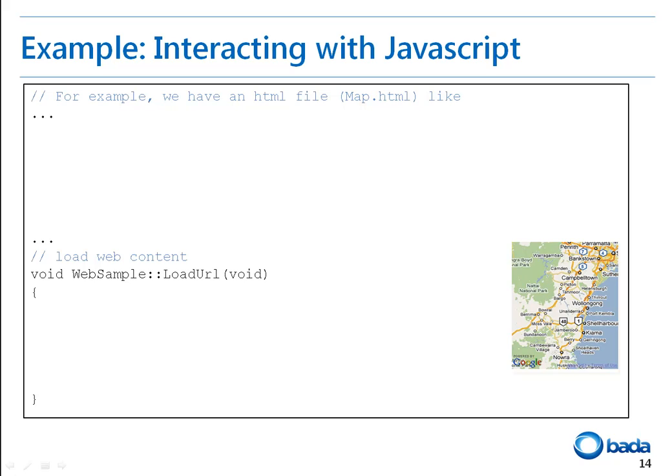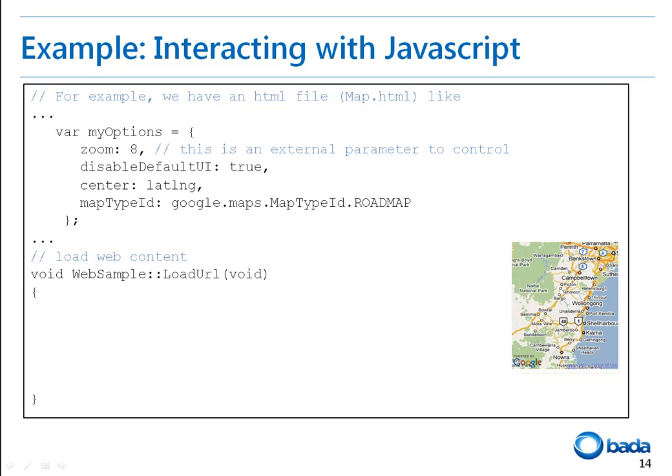We'll use the EvaluateJavascriptN method to interact with JavaScript. Here, we can see some JavaScript code from the file map.html that sets some properties for the Google Map. For example, the zoom level is set to 8.